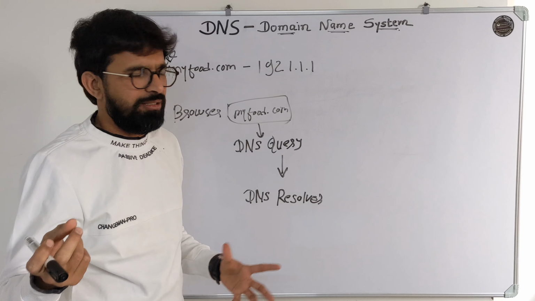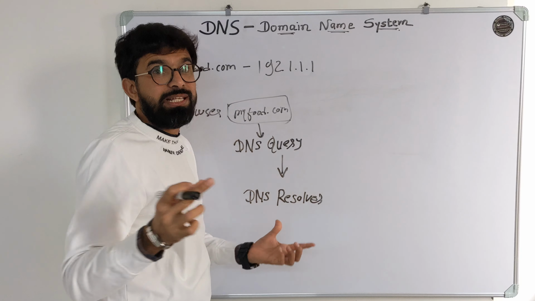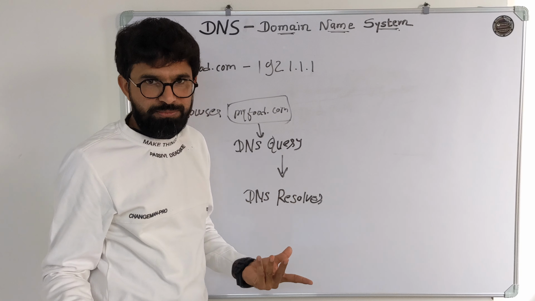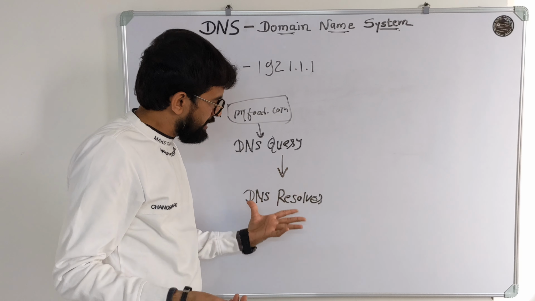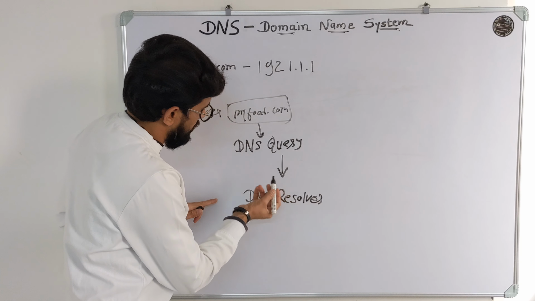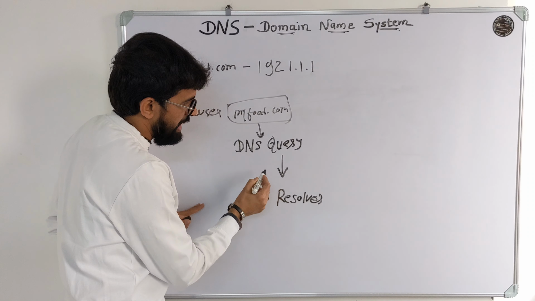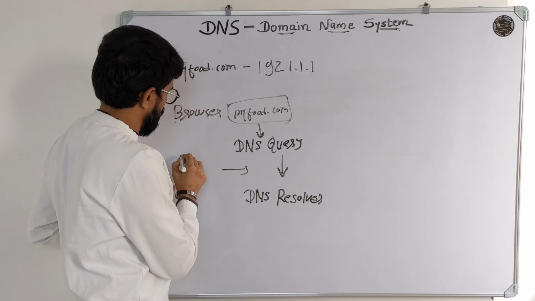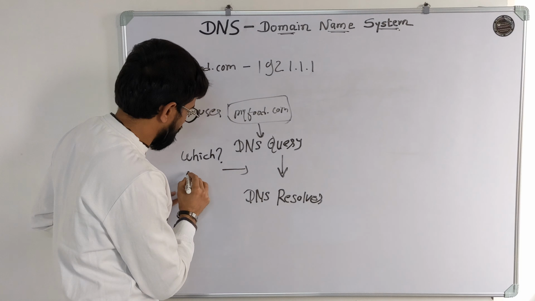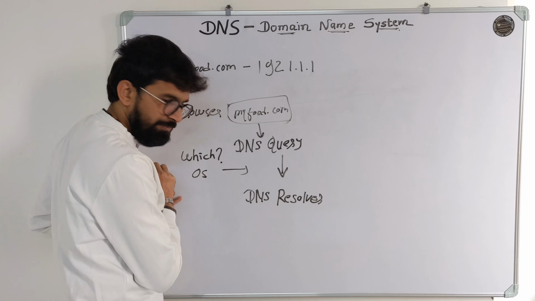I don't know the exact place in Chrome, but you will find the option to set the DNS resolver. Now if the browser doesn't have any data, it goes to the OS level.